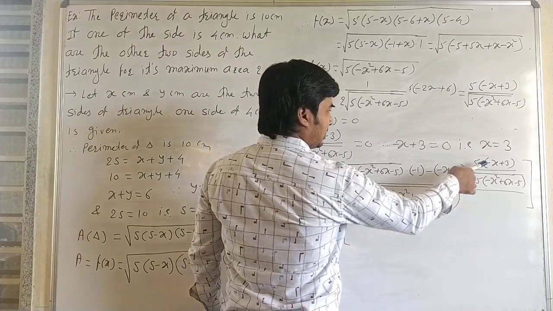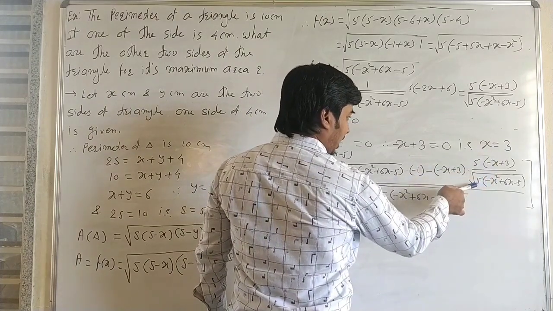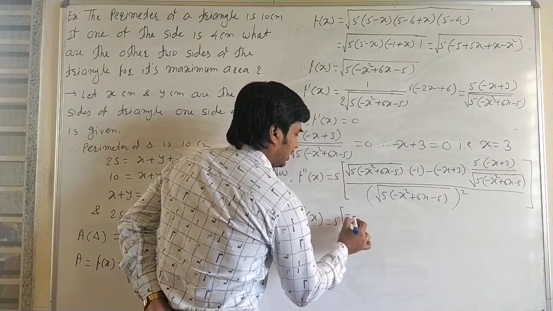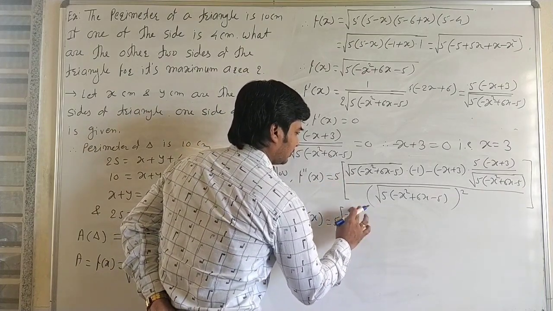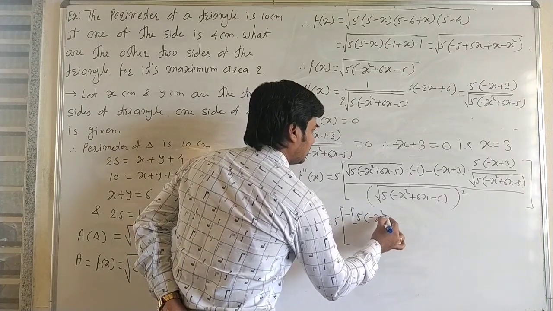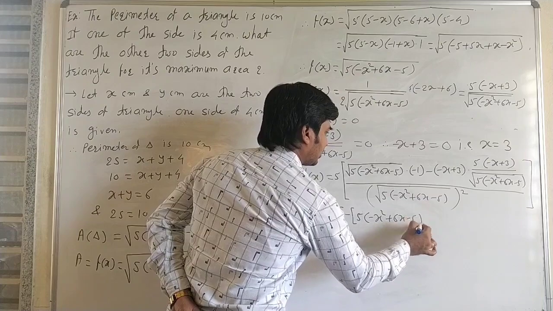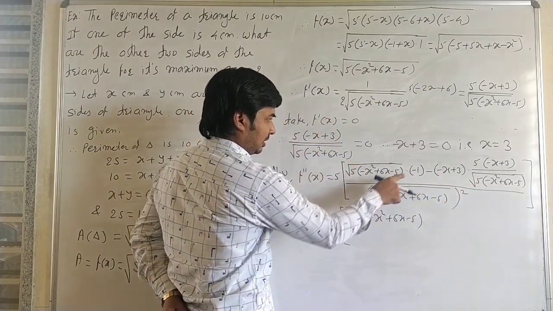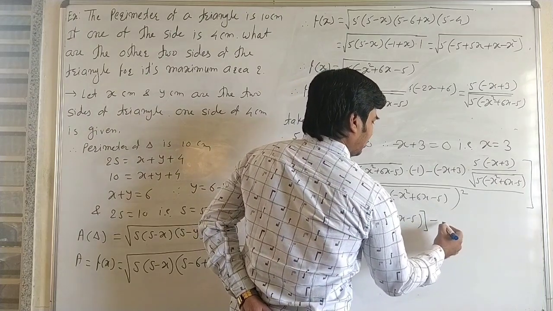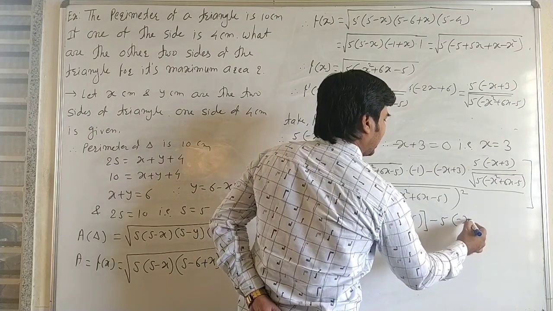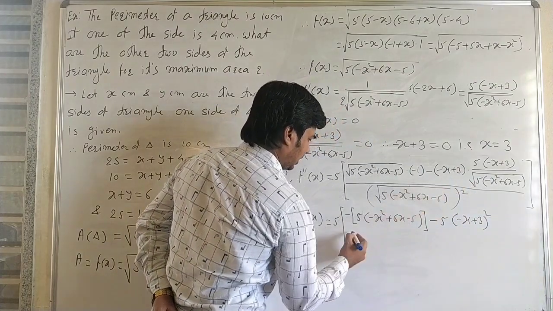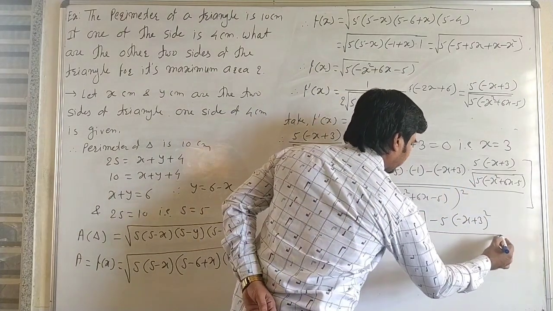Here minus x, it is whole square and it is 5. Under root, we multiply here, this under root will cancel. Okay, therefore minus in bracket, 5 into minus x square plus 6x minus 5 under root, this under root cancels and it is minus. And minus 5 into minus x plus 3 whole square, and whole upon under root, that under root can be written in the denominator.